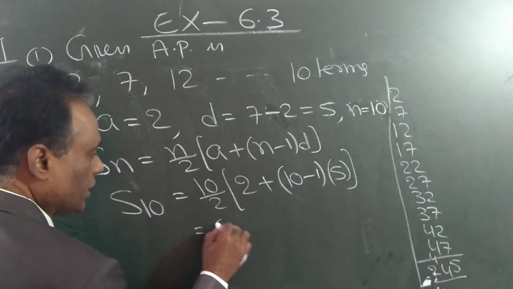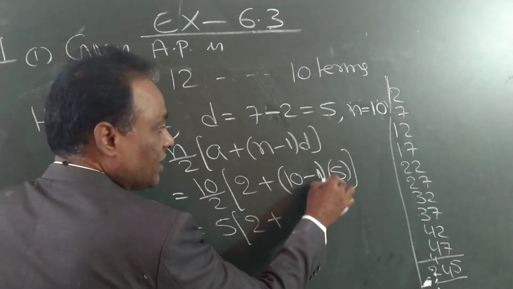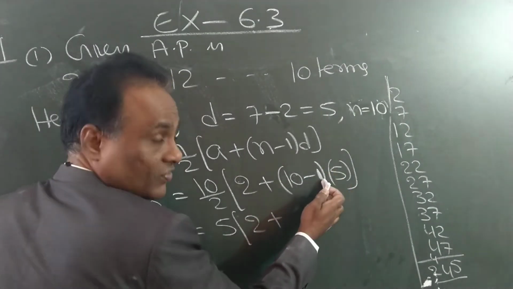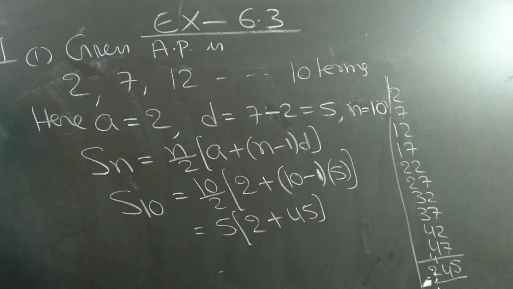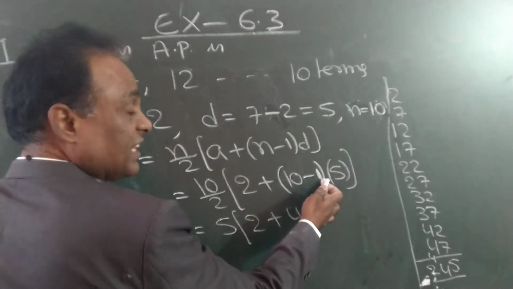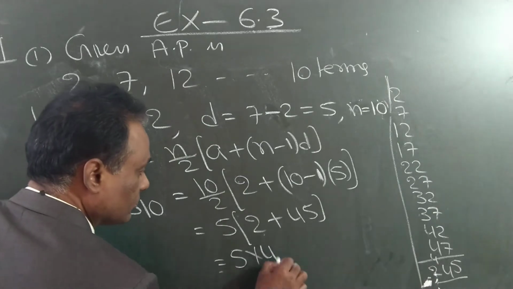So 10 by 2 is 5, times 2 plus 9 into 5. 10 minus 1 is 9, 9 into 5 is 45, and 45 plus 2 is 47.